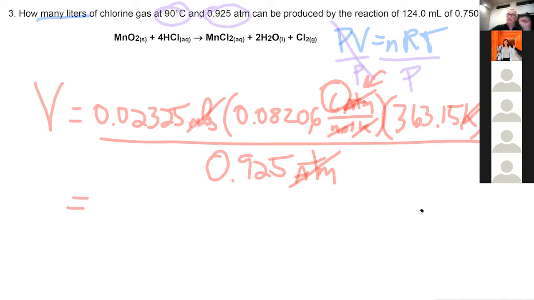So how many liters do I wind up with? I got 0.749029 liters. Right. Always have the unit. Okay, so how many significant digits should we use?